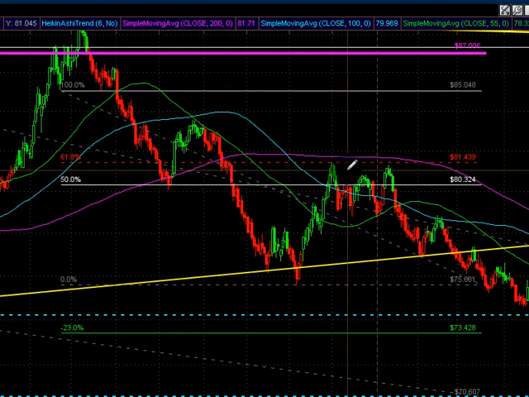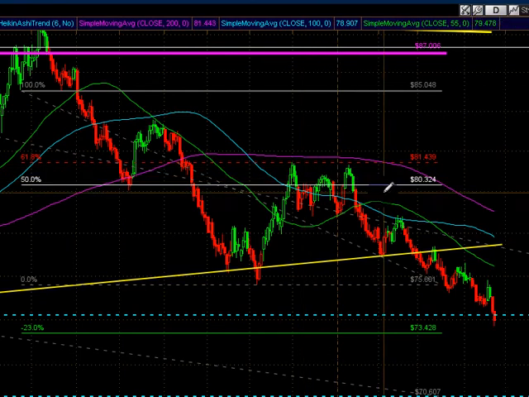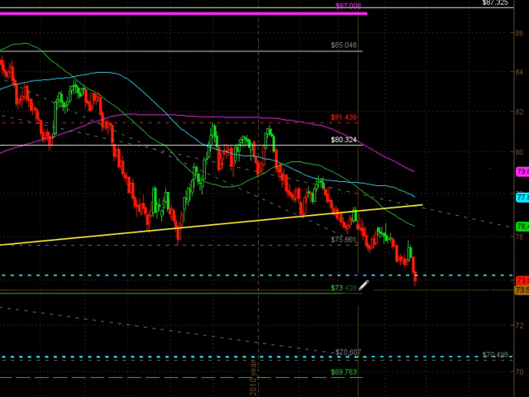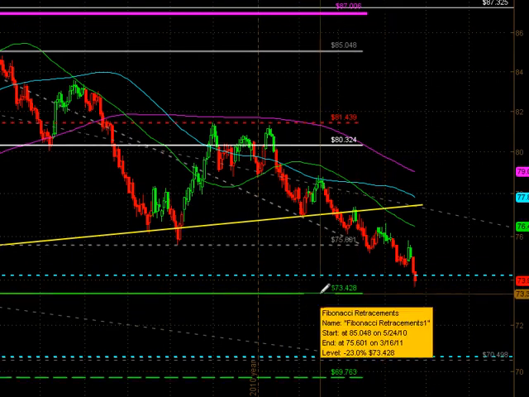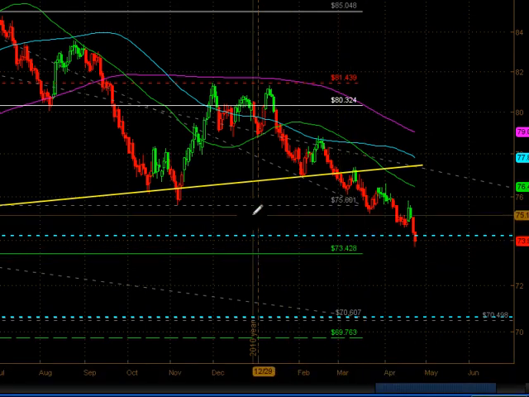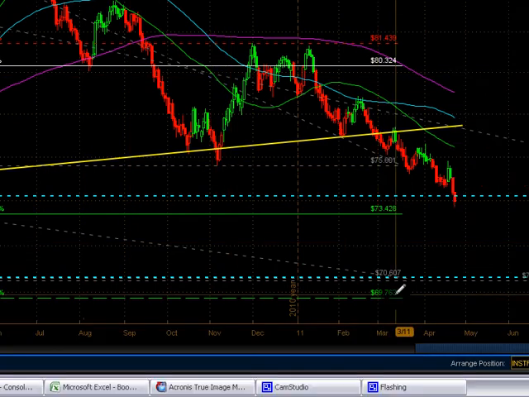The Dixie was bought back up into the 80s, where it promptly reversed and started selling off. This move alone had a target which has yet to be achieved of 73.42. We're almost there with a low of 73.70s, but 73.42 is the target. Now extensions typically extend to their extension target.